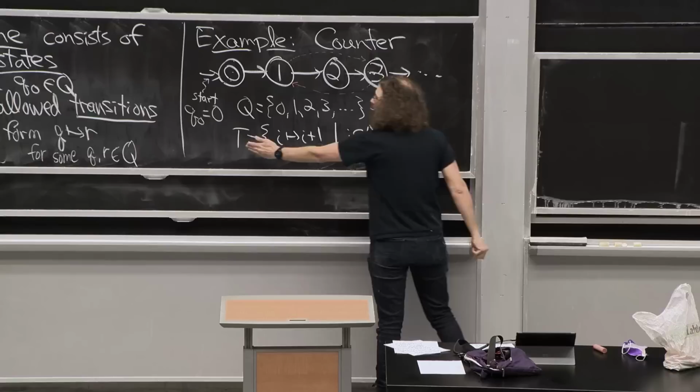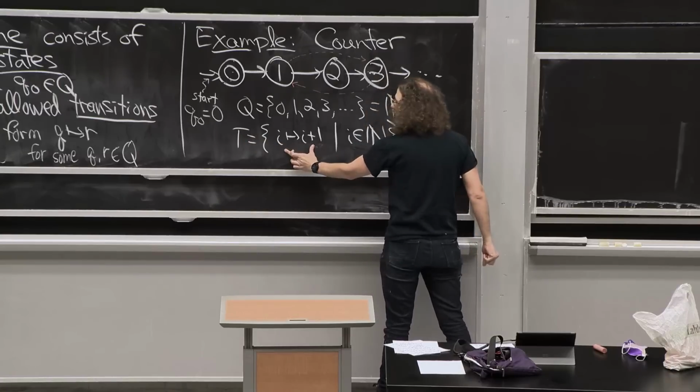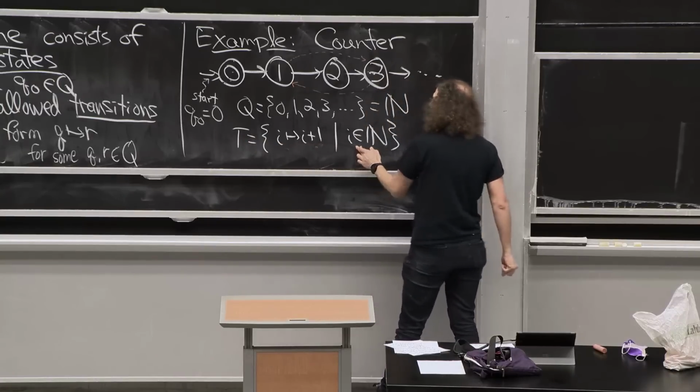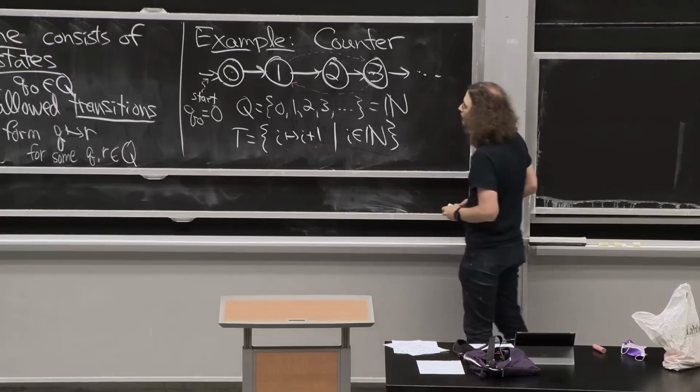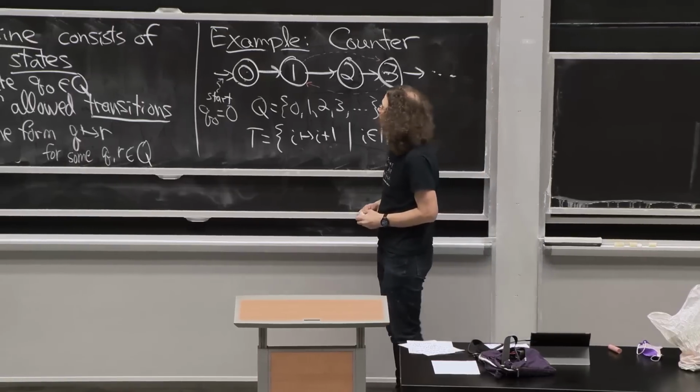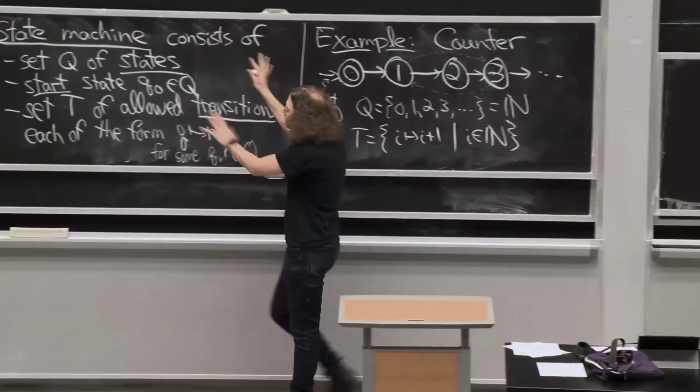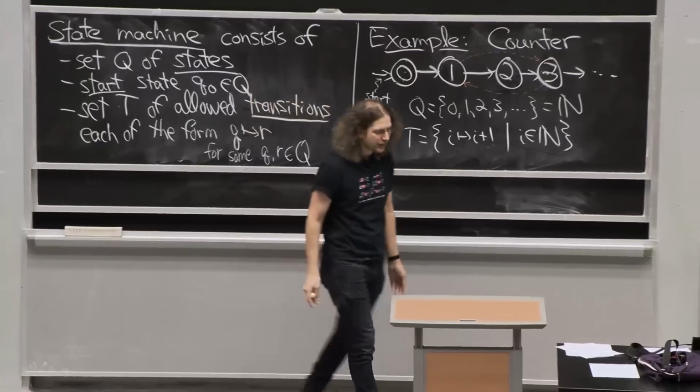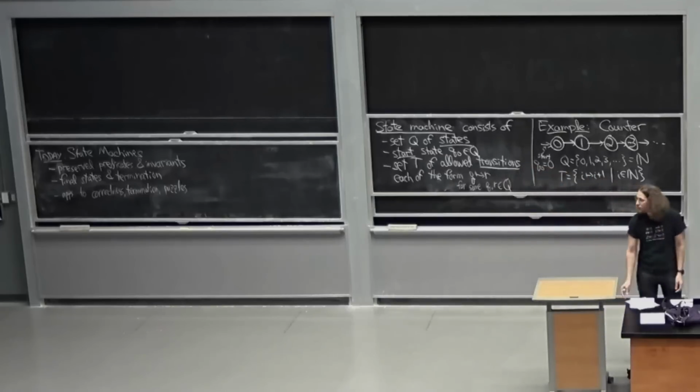And so the idea is T is the set of all of these transitions, i to i plus 1, for every i that's a natural number. OK, so that's an example. But in general, we can have all sorts of transitions from any state to any state. But you're only allowed to make the transitions that are in T.